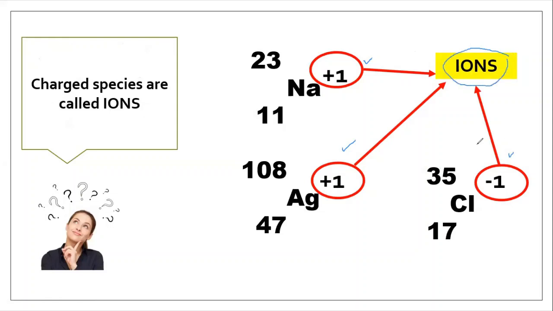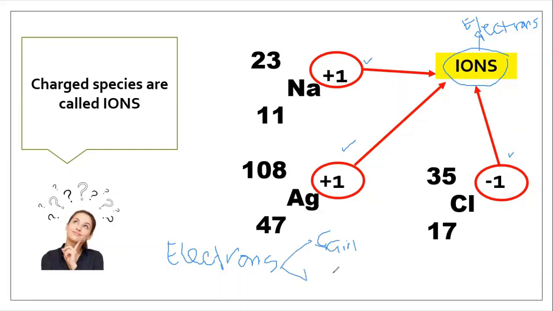Okay, so ibig sabihin, pag sinabi nating ions, we are actually dealing with the electrons. So bakit electrons? Yun ang pinakamalaking tanong doon. Bakit? How about the protons and the neutrons? Bakit hindi sila involved doon? Kasi si electrons lang po ang may capability to gain or lose.